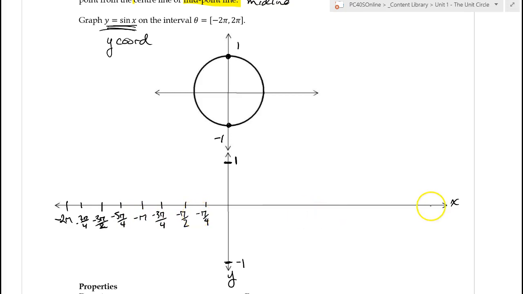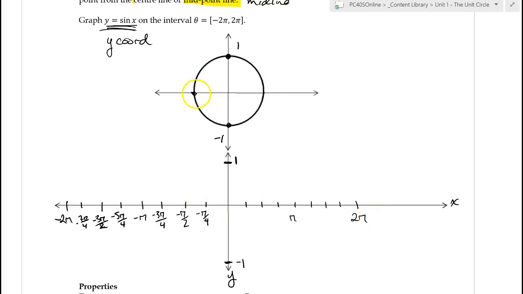And on the reverse side, we're going at approximately the same distance. And I may or may not label everything. I might put more ticks and just label some key points.